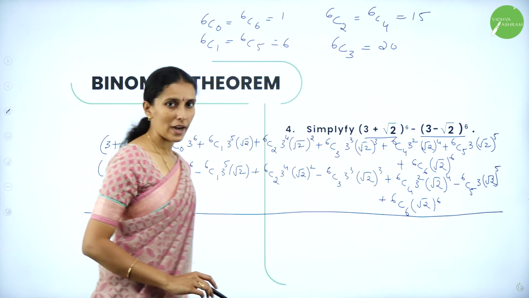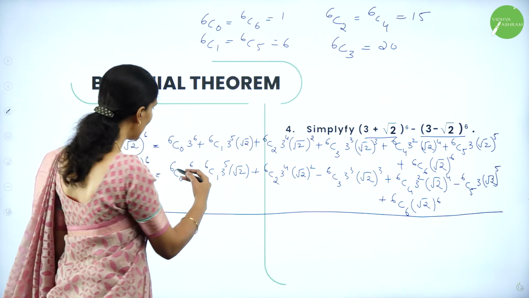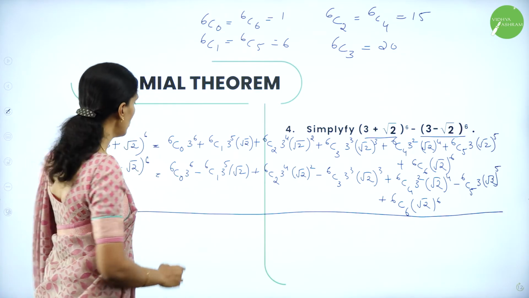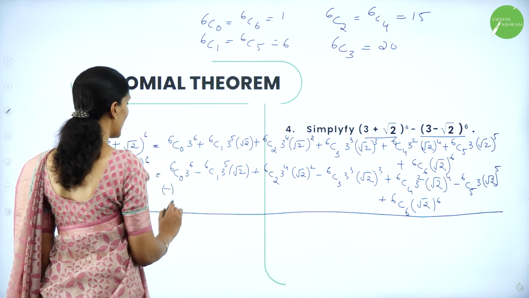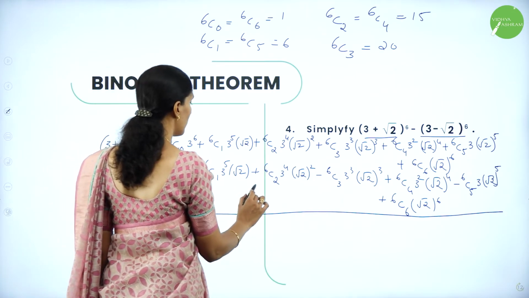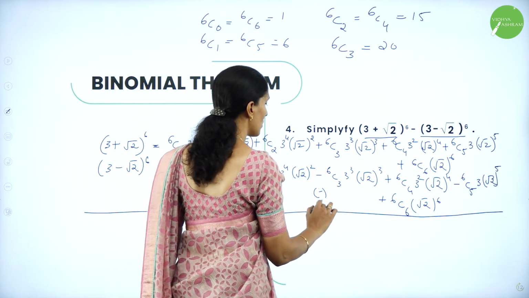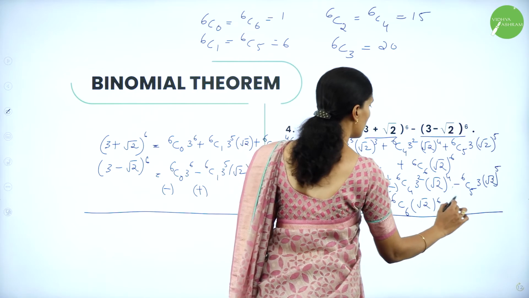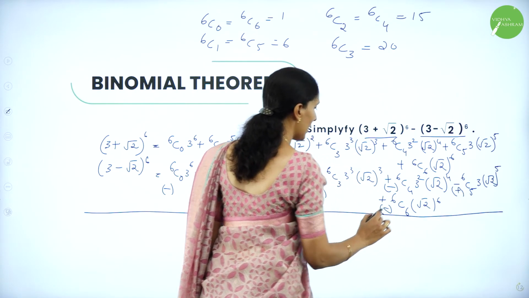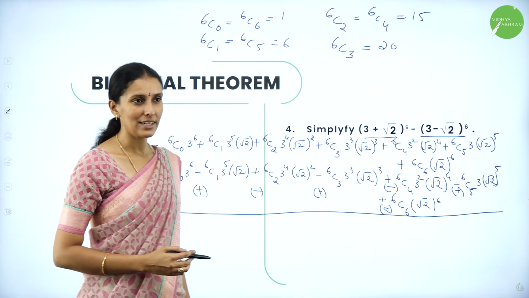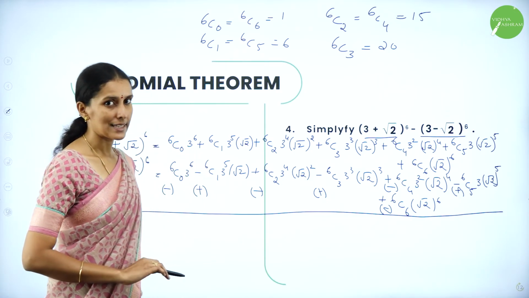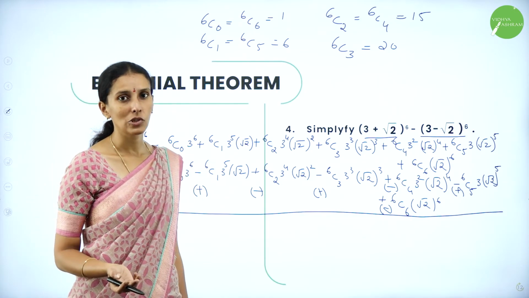So when you are subtracting, you can change the sign of the second expansion. So here you have positive, make it negative, positive, negative, positive, negative, positive, negative. So when you have alternate signs for the same value, you can cancel it. For example, plus 2 minus 2 gets cancelled.